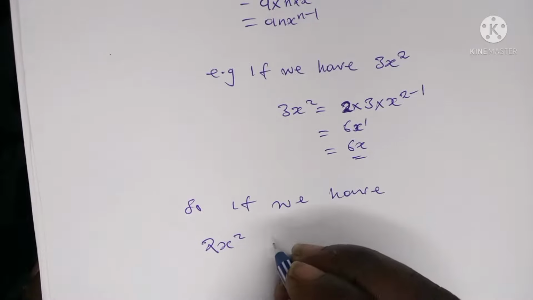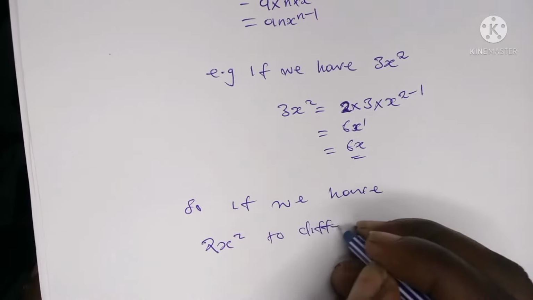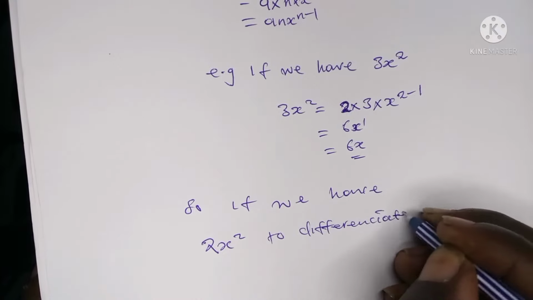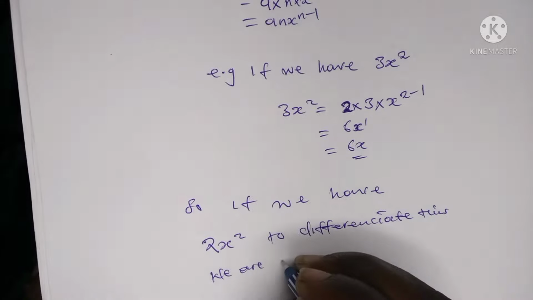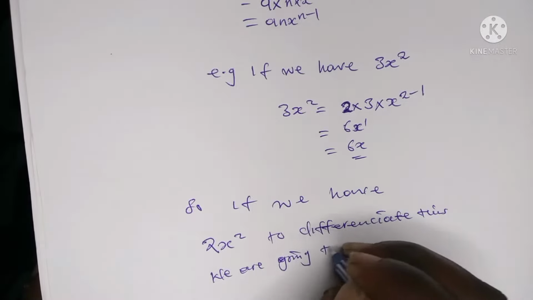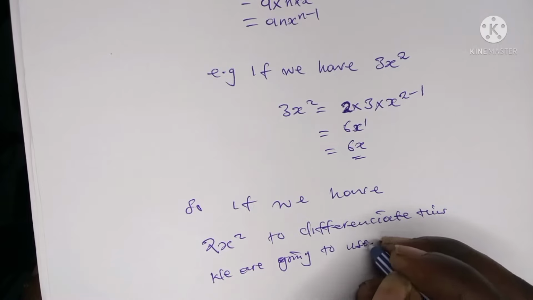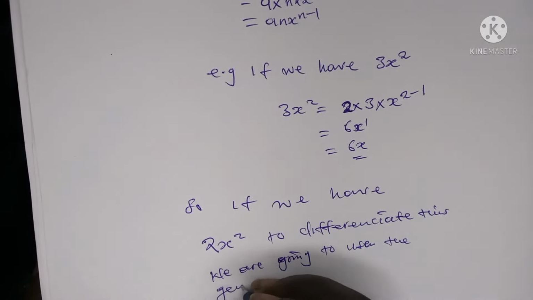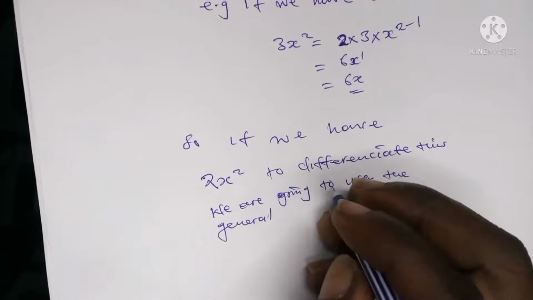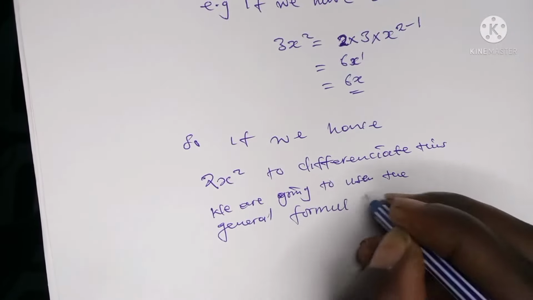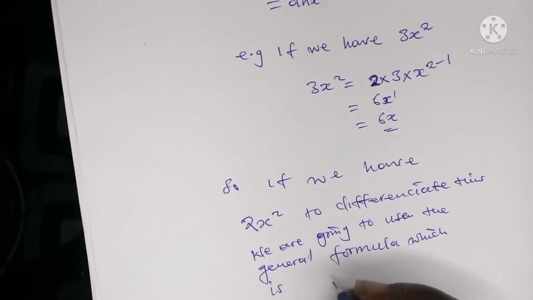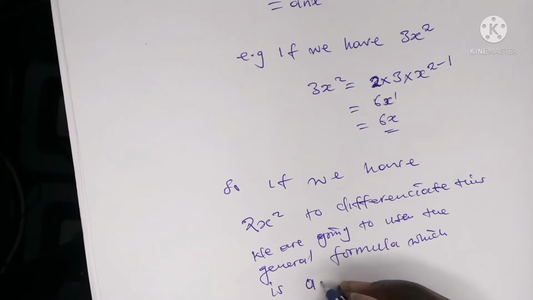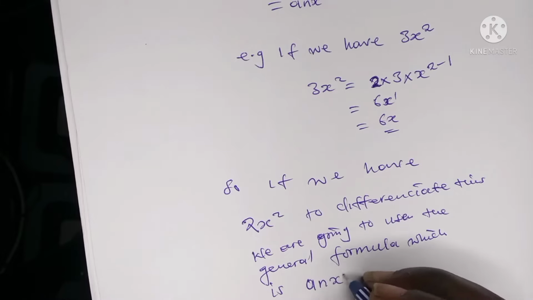So if we have 2x power 2, to differentiate this, we are going to use the general formula, which is a n, which is x power n minus 1.